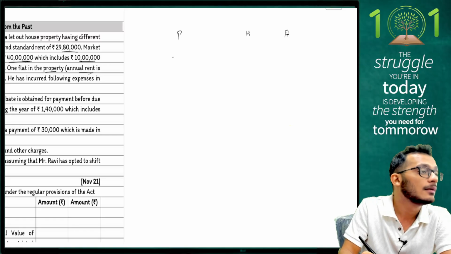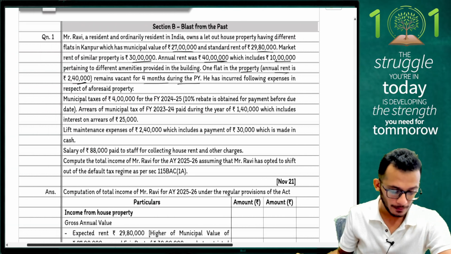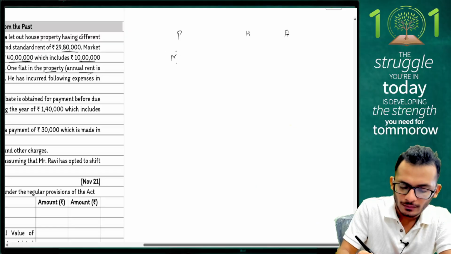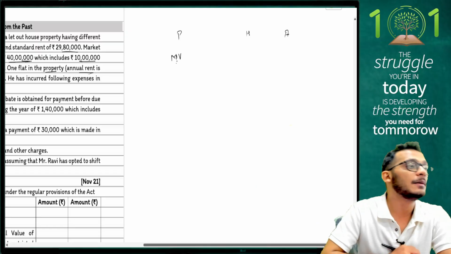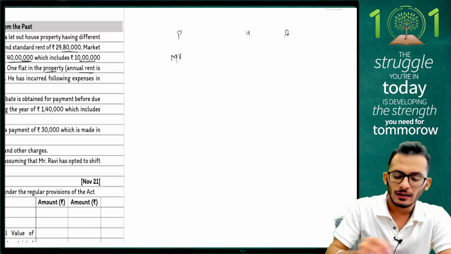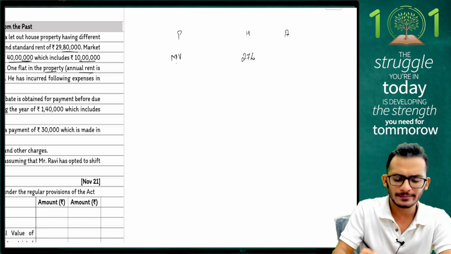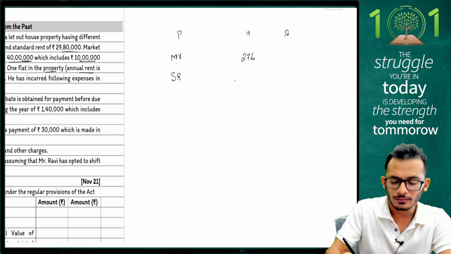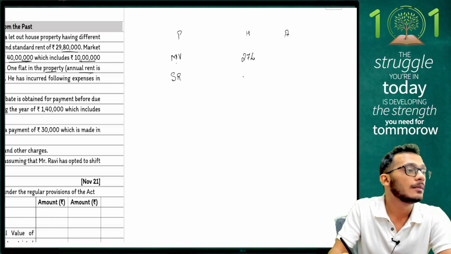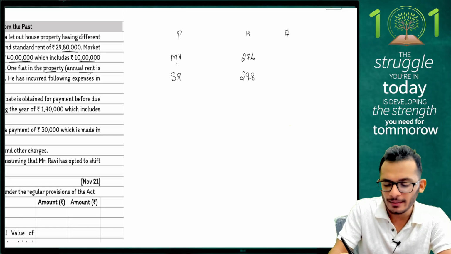I had municipal value of 27 lakhs pertaining to house, amenities, both. Pertaining to house. So 27 lakhs for the house. Next, pertaining to house number is 29.80 lakhs.